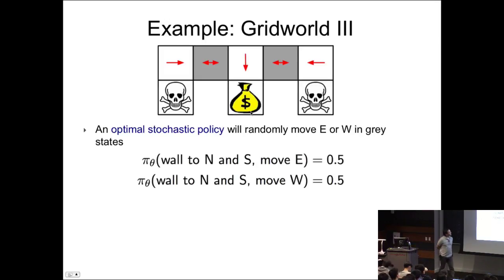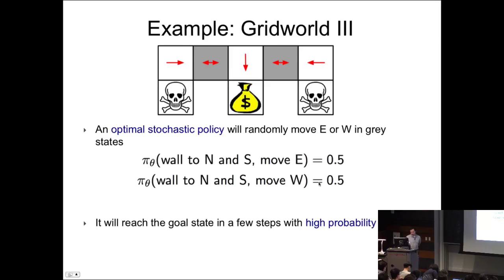So the optimal stochastic policy here will be to randomly move east or west if you are in one of those gray states. So if you are in this location or in this location, basically move east with probability 0.5, move west with probability 0.5, and this will be the optimal stochastic policy for this particular example.